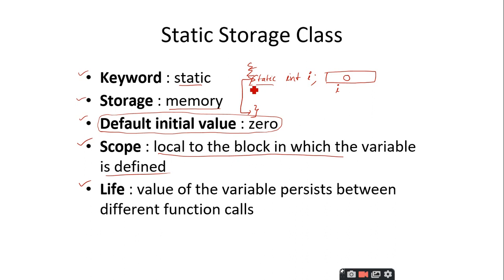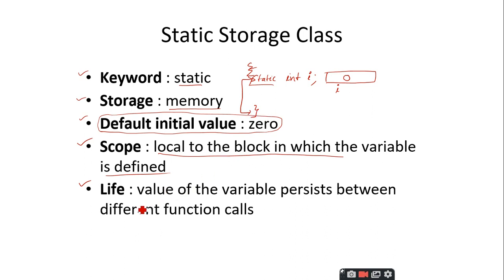For the remaining variables, the lifetime lasts only while the control lies within the block. But what happens to the static variables is the lifetime of the static variables will be retained during the function calls also.